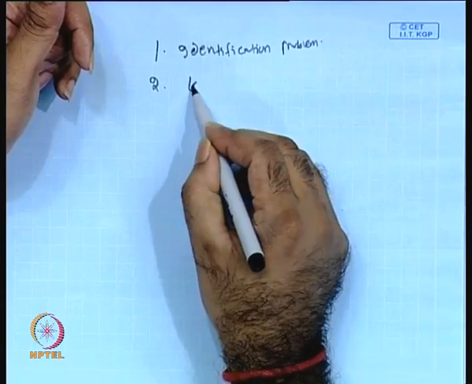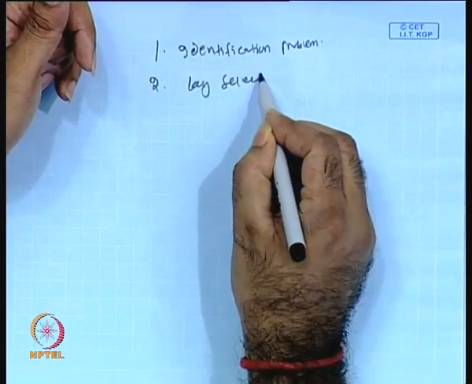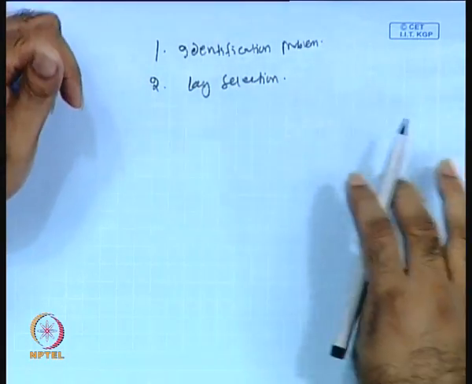Second, lag selection. There is a problem of lag selection, because as I have mentioned, once you start with time series modeling, even if univariate or multivariate, where there are at least two variables in the system, we have to start integrating with their lags.